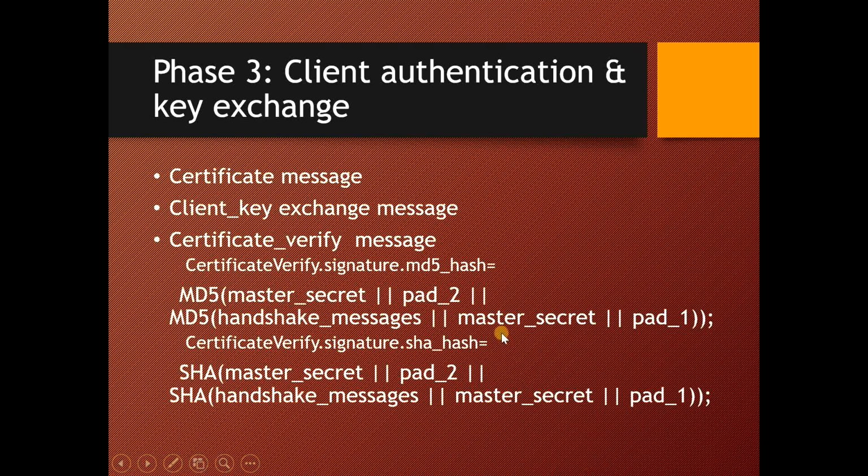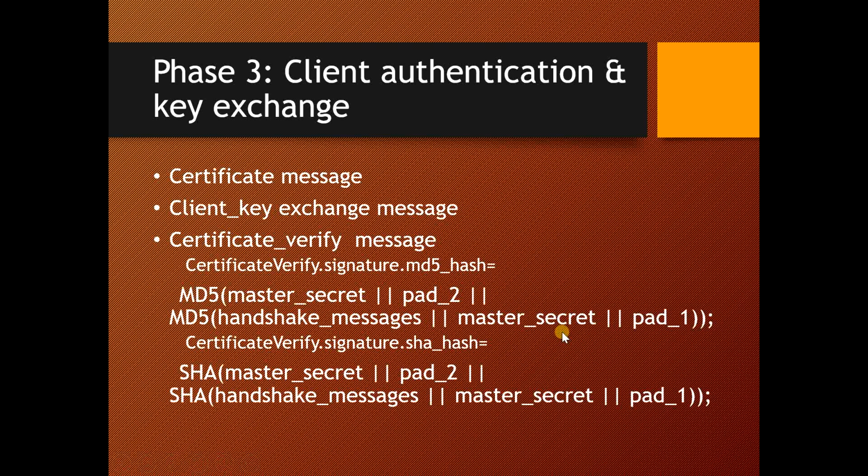If you look at these two hash codes, they are almost similar, except that one uses MD5 and the other uses the SHA algorithm. As we know, pad1 and pad2 are the values defined for the MAC. The handshake messages are those sent or received starting at client hello, and the master secret is the calculated secret.